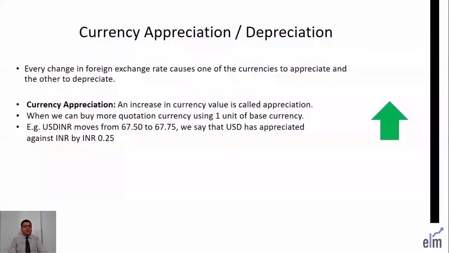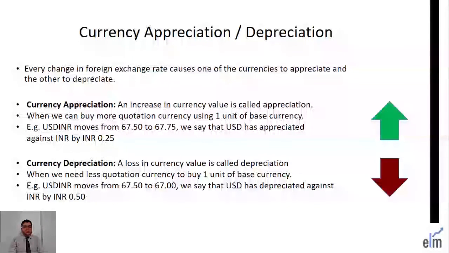For example, USD INR moves from 67.50 to 67.75. That means earlier I could buy only 67.50 INR by paying $1. But now since the USD has appreciated, we can buy 67.75 INRs, which is 0.25 INRs more.